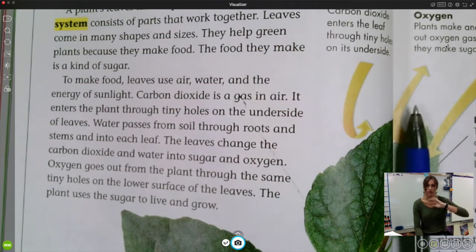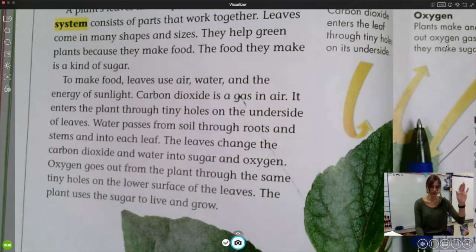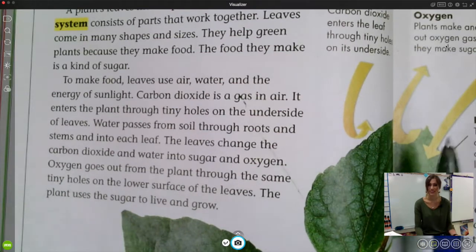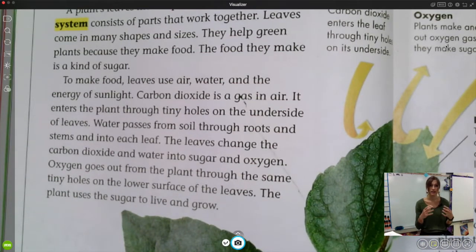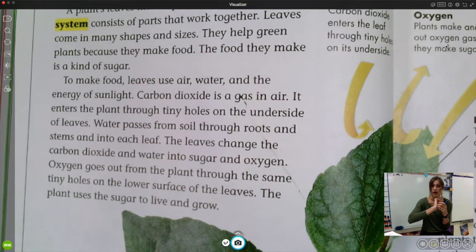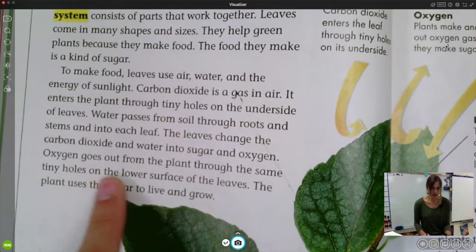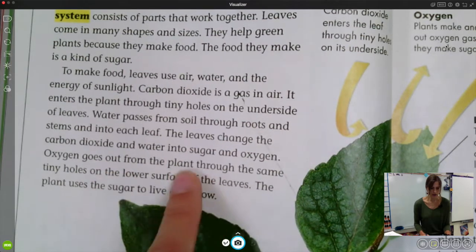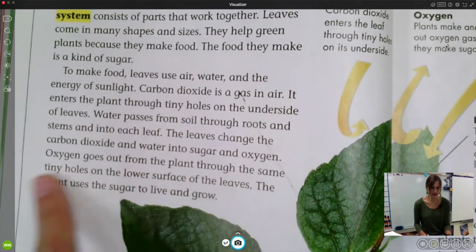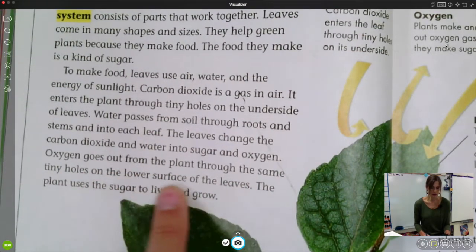The oxygen is a byproduct. That goes out. They don't need the oxygen anymore. That's why plants are good for the air. If you have plants, it's taking the carbon dioxide, which is bad for you, out of the air, and taking the oxygen, which is good for you, and putting it back in the air. So plants help keep our air clean. Oxygen goes out from the plant through the same tiny holes on the lower surface of the leaves.